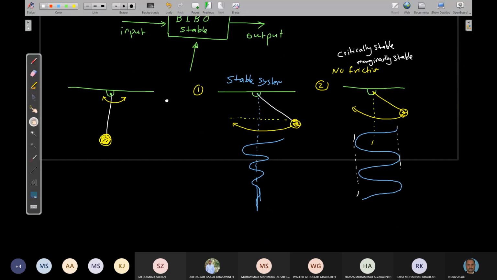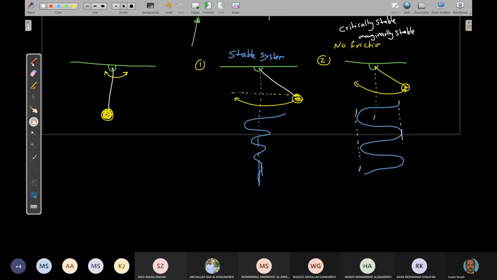Now let's assume someone is interested in balancing the ball in the upside position. So simply let's assume now someone is interested to do this one, and to maintain the ball here, let's say.